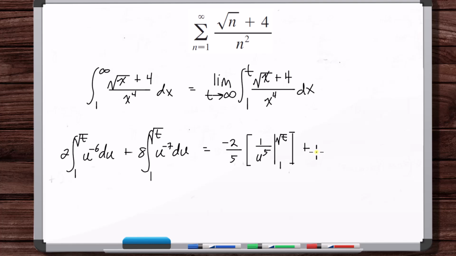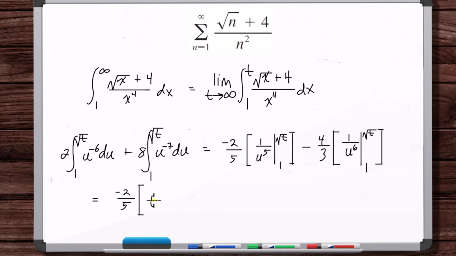And now we're going to have u to the minus 6 over minus 6. So minus 8 over 6 is going to be minus 4 over 3. Then, so 1 over root t to the 5th.